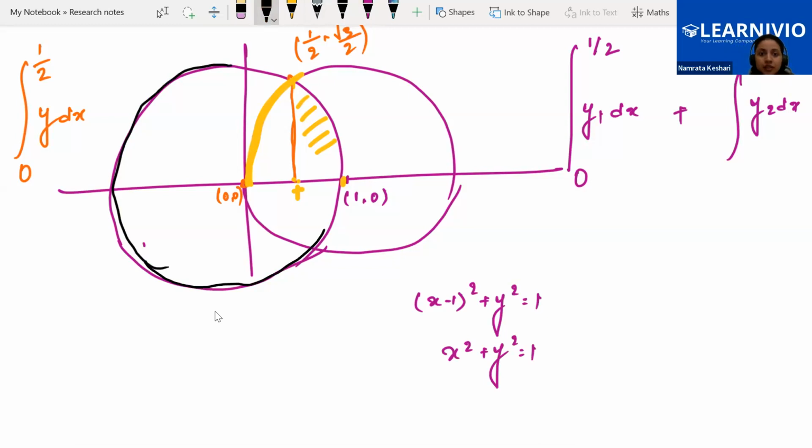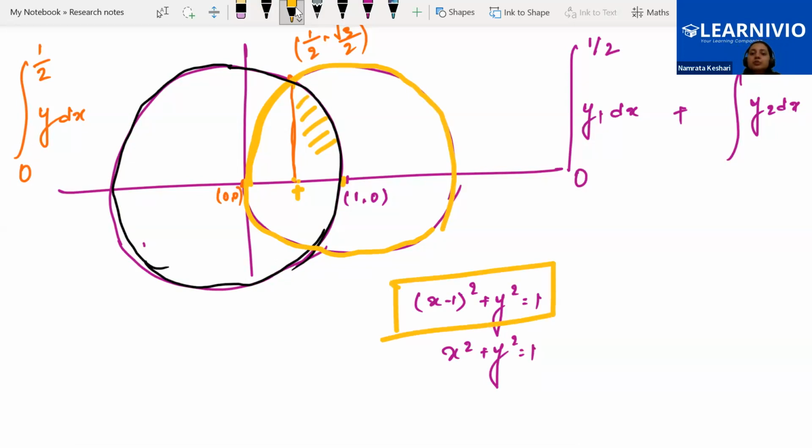Can you see? The center is 0, 0. And the yellow circle, we are going to take for now. Can you see it? That means this circle. Getting it, Murtaza?